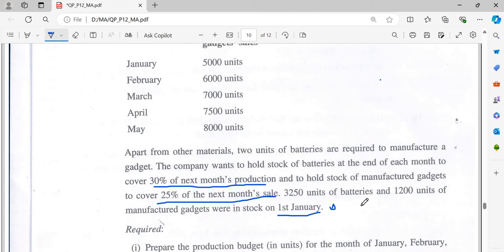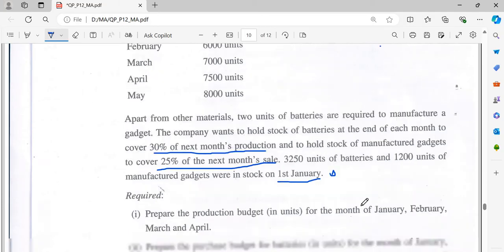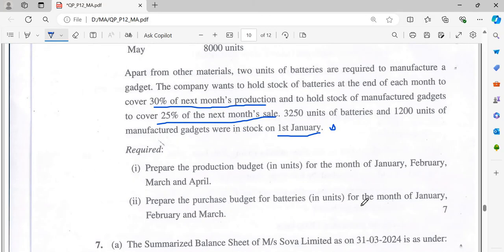So prepare the production budget in units for the months of January, February, March and April. Then prepare the purchase budget for batteries in units for the months of Jan, Feb and March.